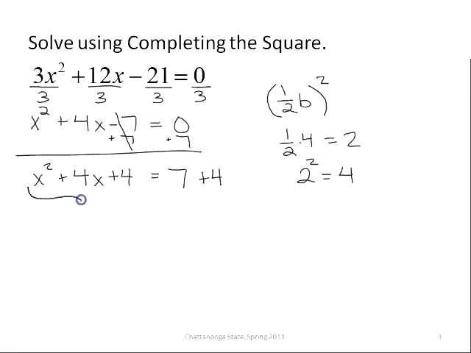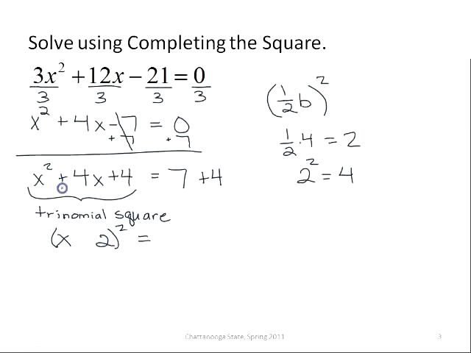Once I do that, the first side of the equation is what we call a trinomial square. That means it will factor into a binomial squared. Well, the way you factor this is the x squared gives you an x in the first position. The 4 gives you a 2 in the second position.